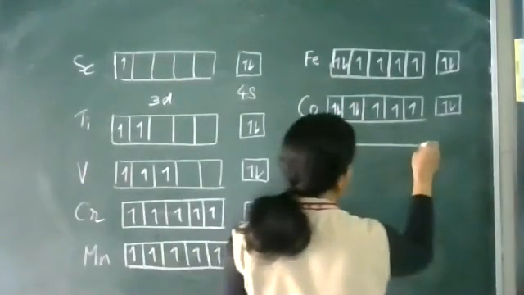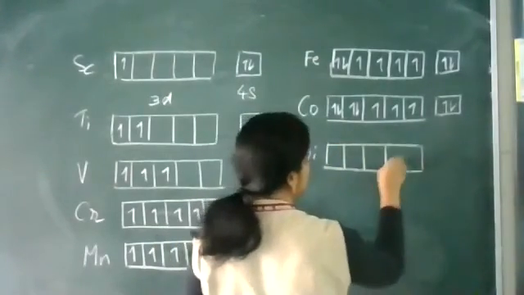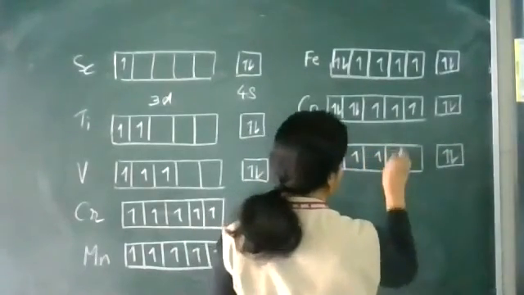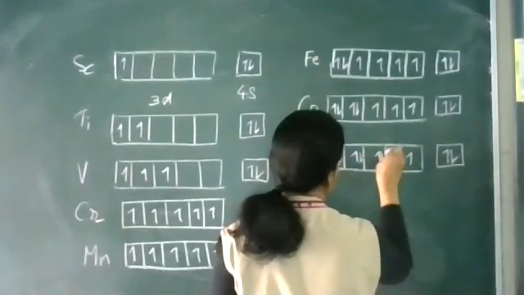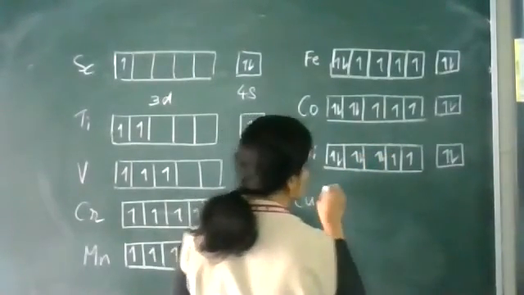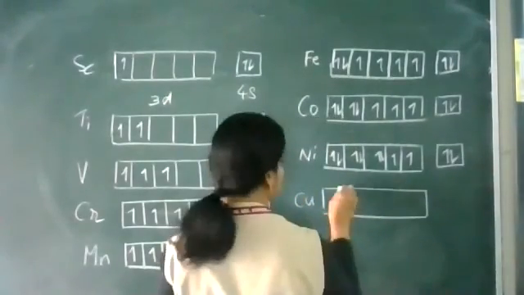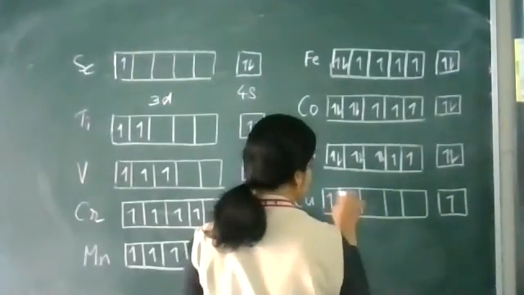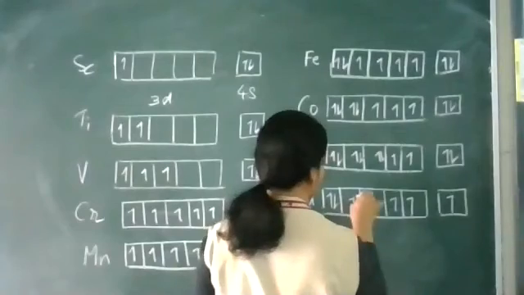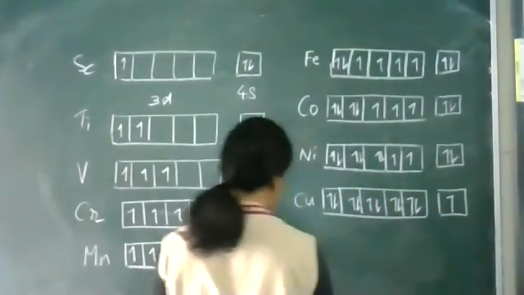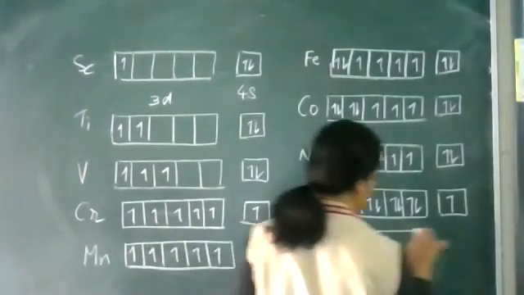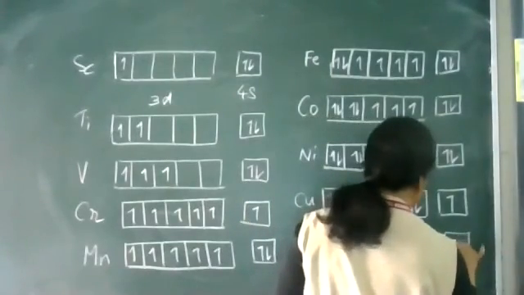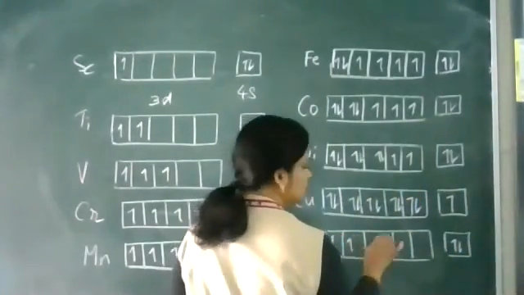Nickel: 4s2, 3d8. Copper: 4s1, 3d10. And zinc: 4s2, 3d10.